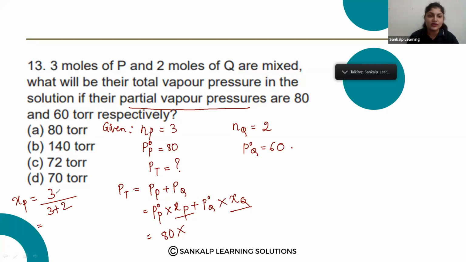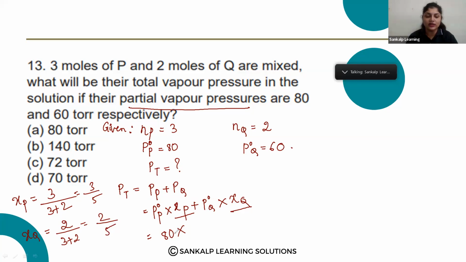So it is 3 by 5, this is of P. Now we'll find for Q. XQ is the number of moles of Q divided by P plus Q, that is 3 plus 2, so this will be 2 divided by 5.